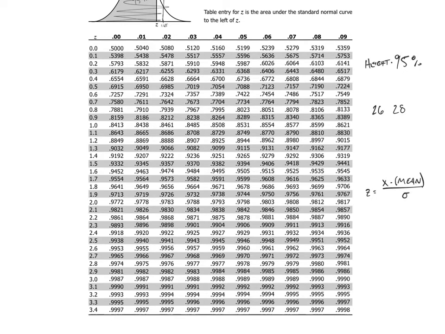And you do your conversion, and you find that your z-scores end up being 1.02 for 26 and 1.1 for 28. And the question is, what percent of the data lies in that range? Well, what you need to do is figure out where those are here. So 1.02 is right here, and 1.1 is right here.